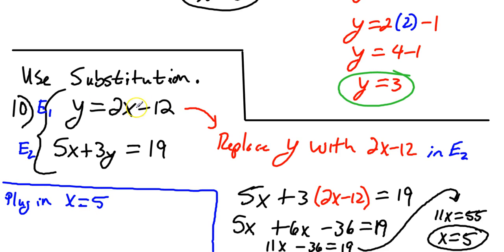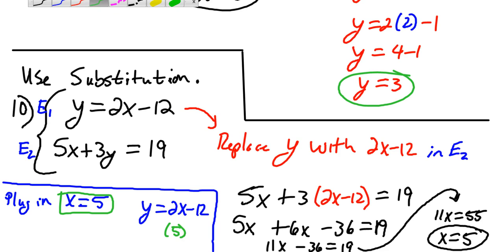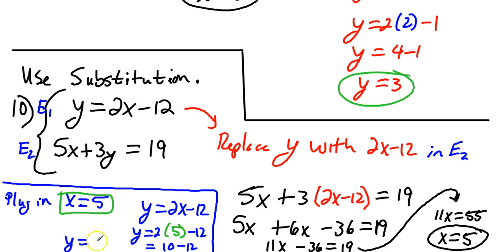And again, I'm going to go with the y equals 2x minus 12. So we plug in the 5. So y would equal 2 times 5 minus 12. That's 10 minus 12, so then your y would equal negative 2.